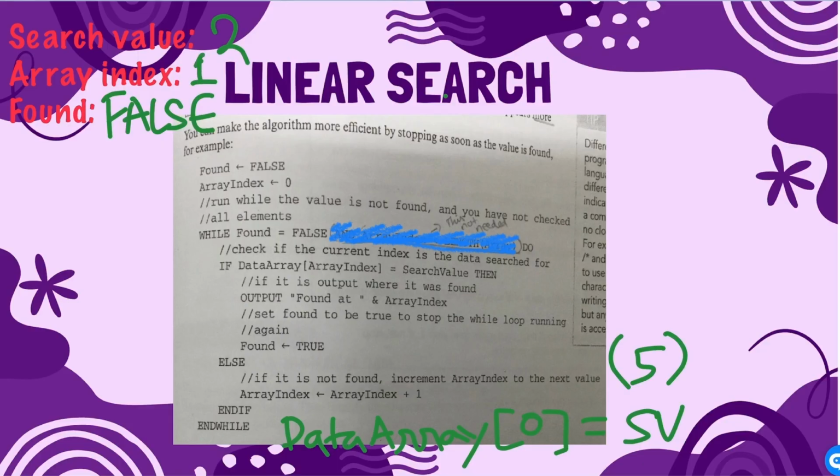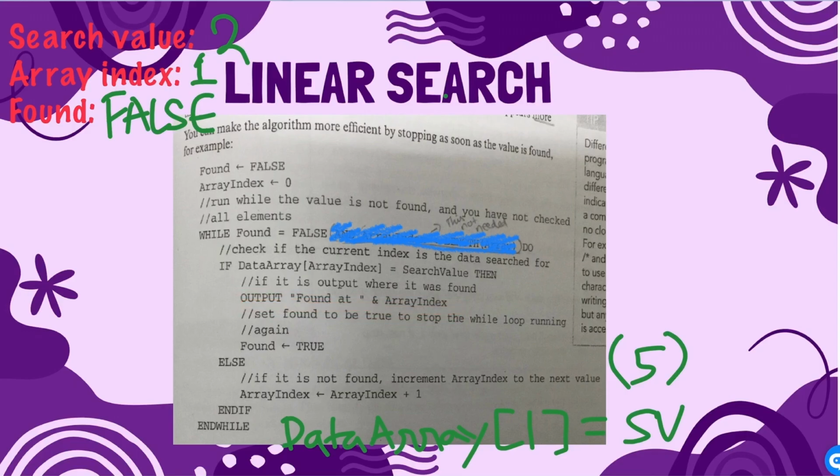Then end if, and the while has to go back to the beginning of the code, and you check the criteria again. While found is equal to false, found is still false, so you can continue with the code. So if data array index, now 1, is equal to 5, then output found at and array index.